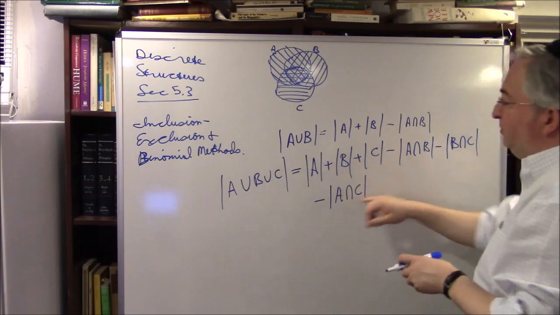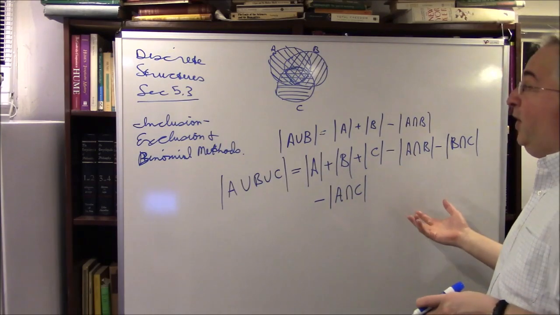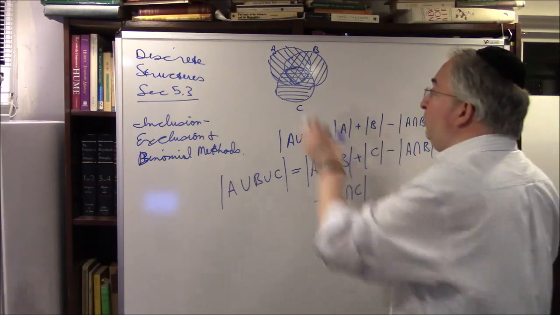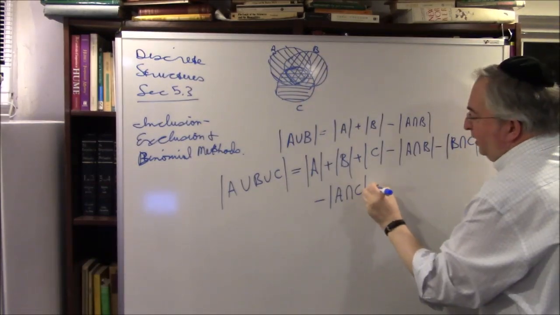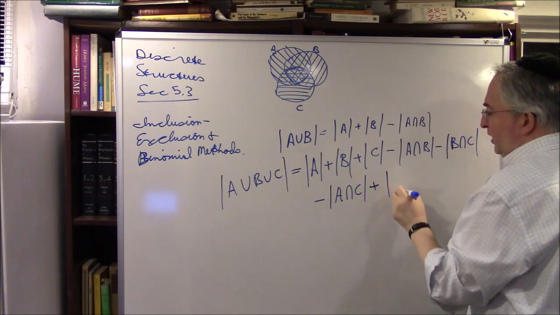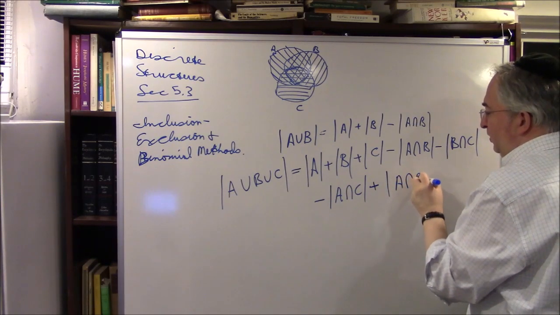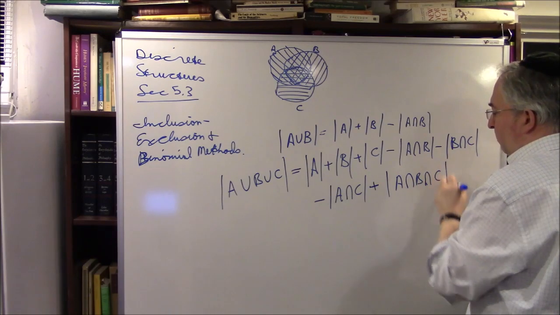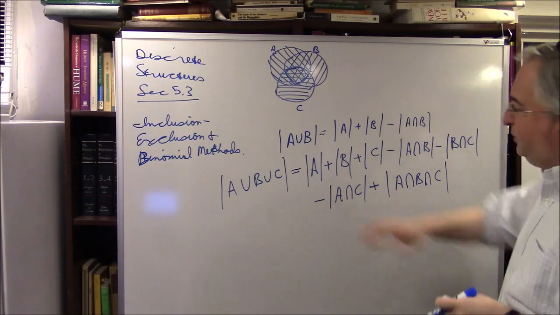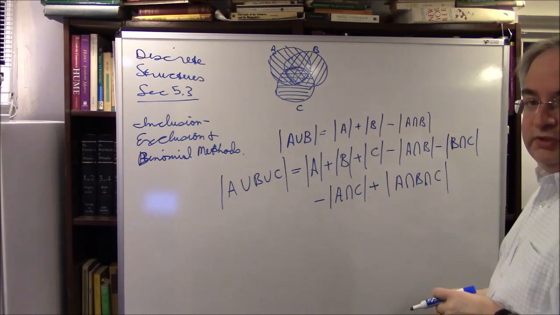So I added it three times and I subtracted it three times. Well, right now there's nothing there. I didn't add in those things that are on there. So you better add it in again. And so you get A intersect B intersect C. Okay? So you have a bunch of additions and subtractions.